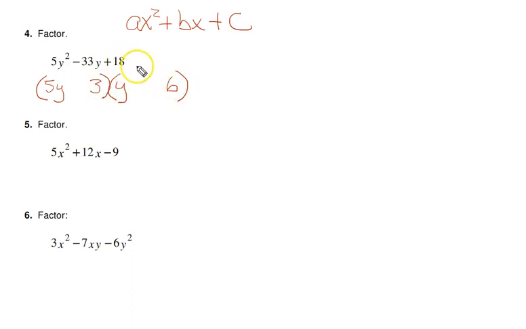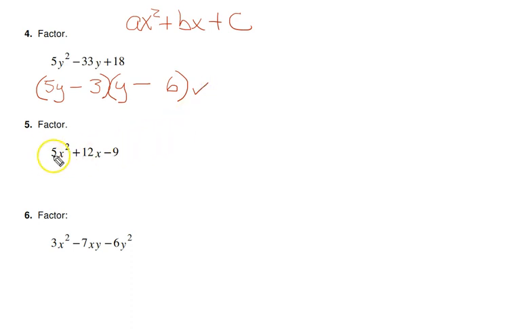That would give us an 18, but does it add up to a negative 33? Well, in order to get a positive 18, both of these have to be negative. And then when we do our outers, we get a negative 30y, inners a negative 3y, adds up, so this is a good one.